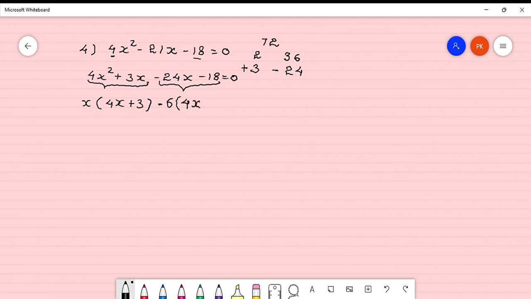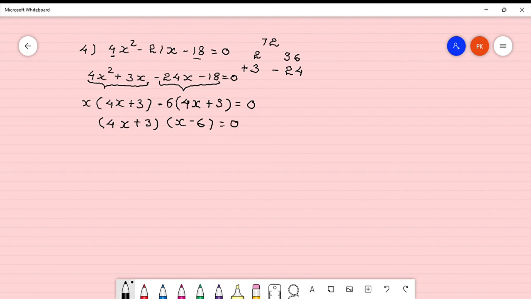Since the negative sign is taken out, this will become positive, and 6 threes are 18. Which gives me two factors. 4x + 3 is one factor, and x - 6 is the second factor.